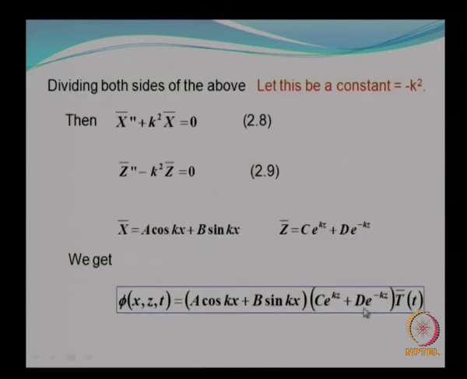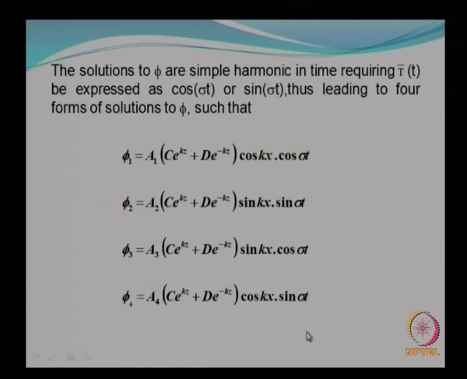So when you have this form of equation, this velocity potential equation can have 4 forms, because you see there are products, this one plus this one, product of 3 terms, which will give rise to 4 forms of equations: phi 1, phi 2, phi 3, phi 4.